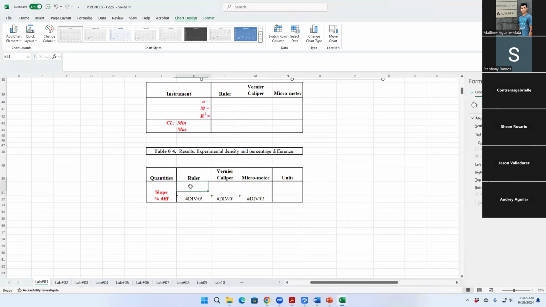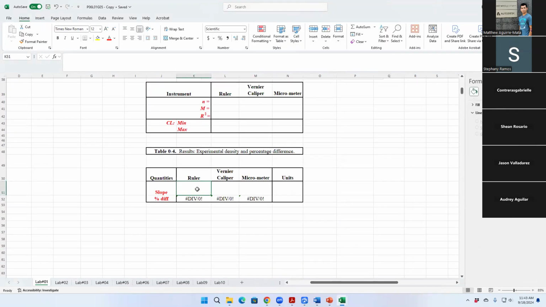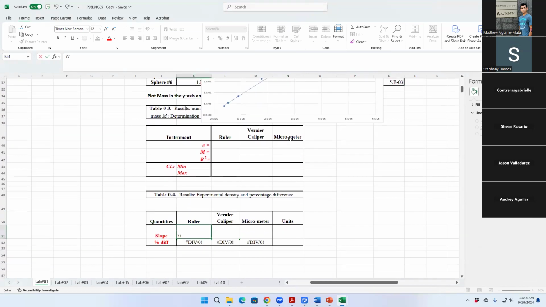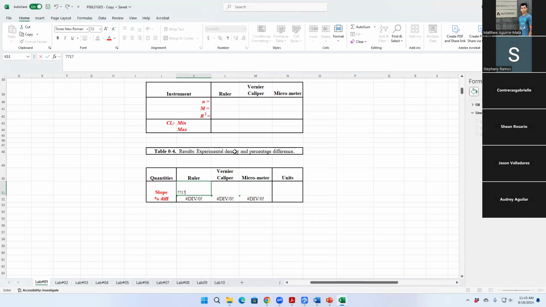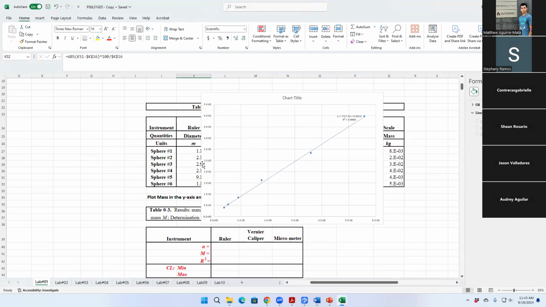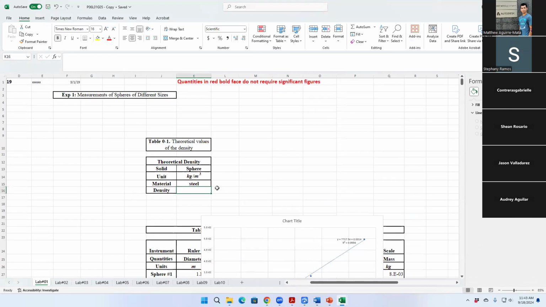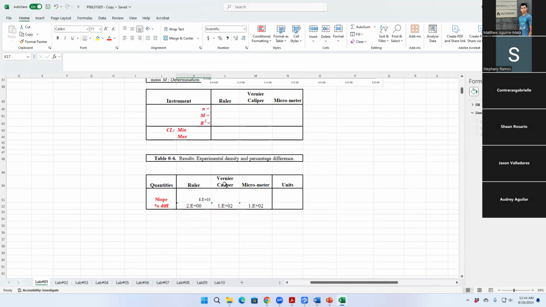Yeah, okay, now I'm going to put it here. 7717.5. Something divided by 0. Oh yeah, that's because I didn't put the density. Did you log the density here in the first table? Yeah, 7,900. Okay.